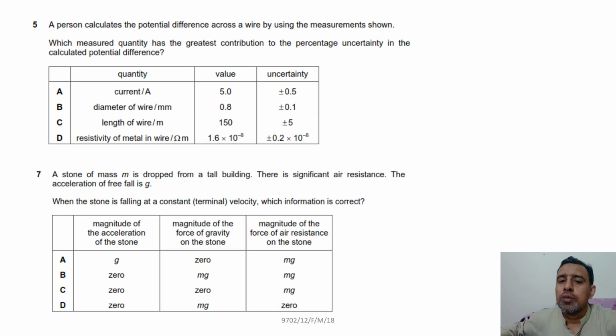Now moving towards question number 5. This question number 5 is related to the percentage uncertainty. To get the percentage uncertainty, you have to divide the uncertainty by the actual value.